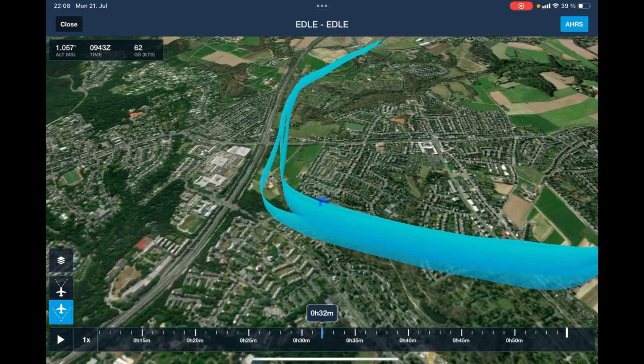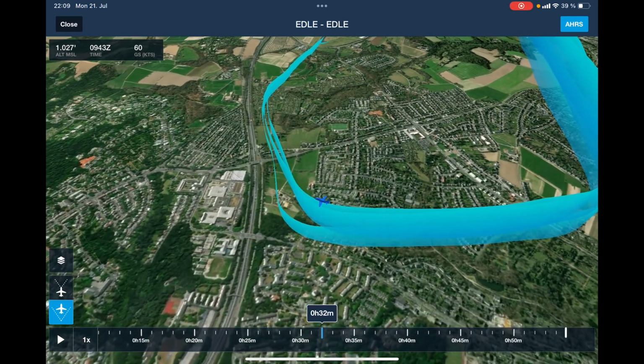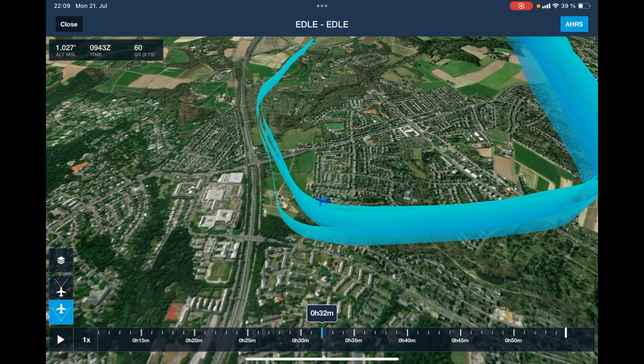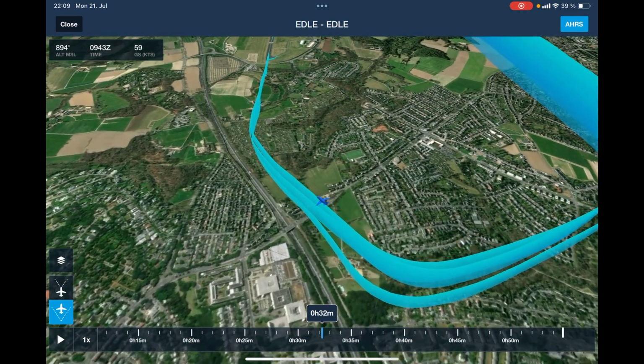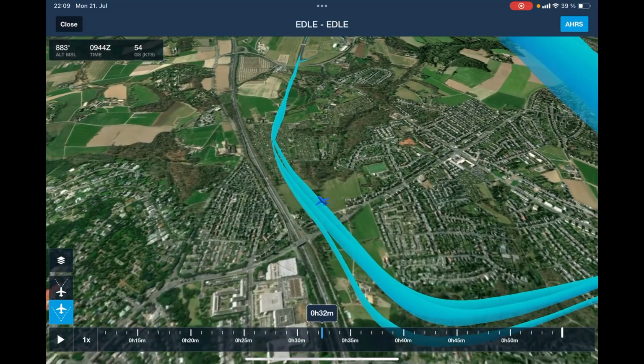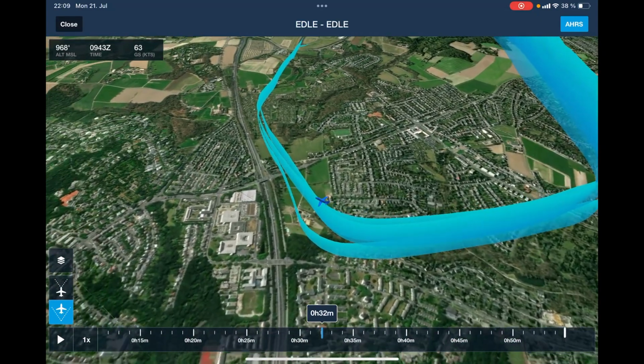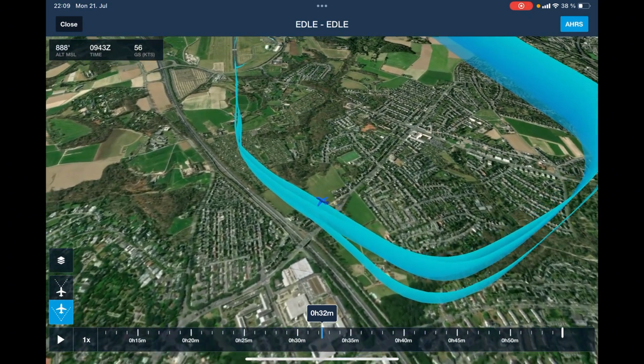But this time, at this point, around the turn from right base towards the final, it should be around 1100 feet, and I'm still more or less around that range, but again I'm too slow at this point, because on final I have this drop of 5 knots.